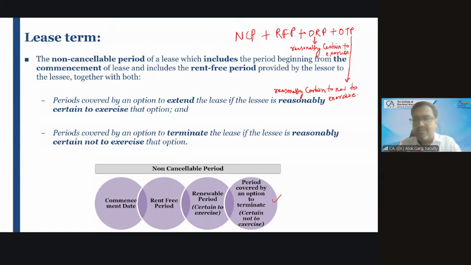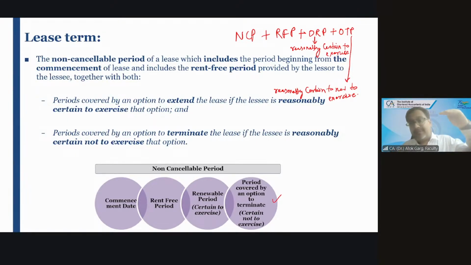After 6 months, the rent will start, and after 6 months, the period is 5 years non-cancelable lease period. So your lease term includes the non-cancelable period as well as the rent-free period. Means you have to do the discounting. For example, let's say the rent-free period is 1 year and the rent starts after 1 year for the next 5 years.